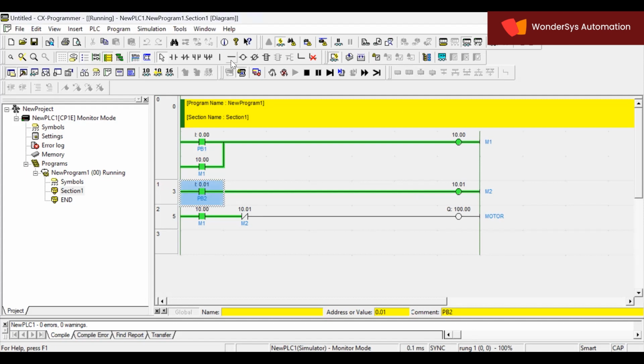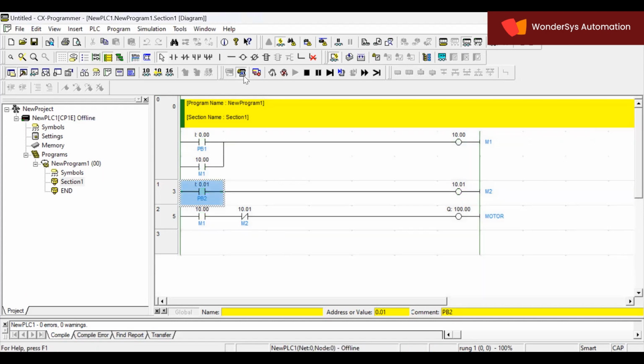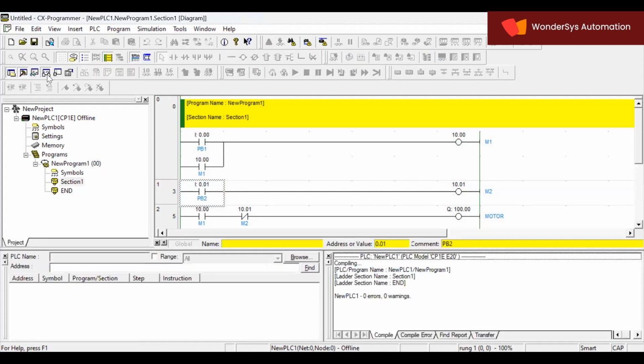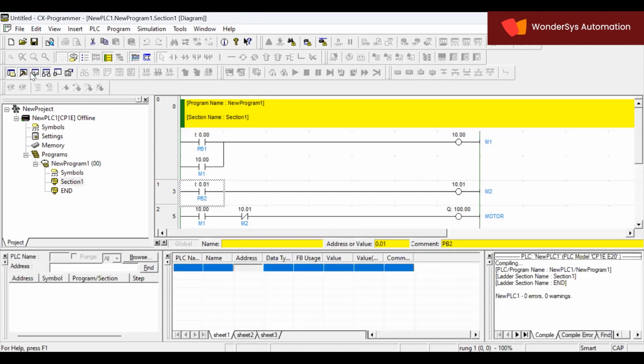Guys, is it okay? Clear? Are you talking about this window, Srinivas?